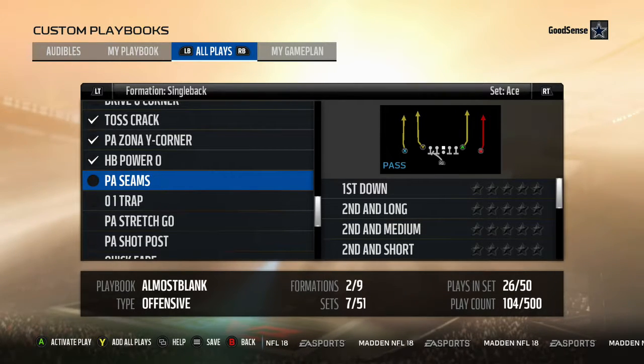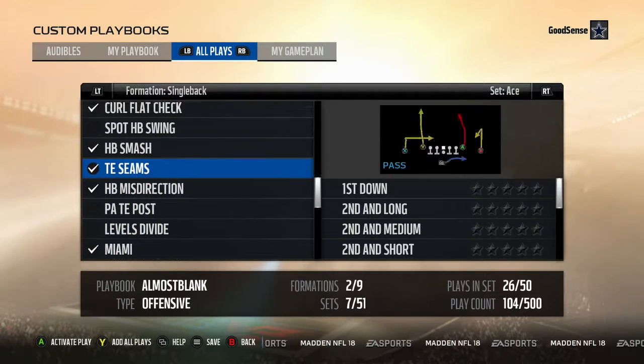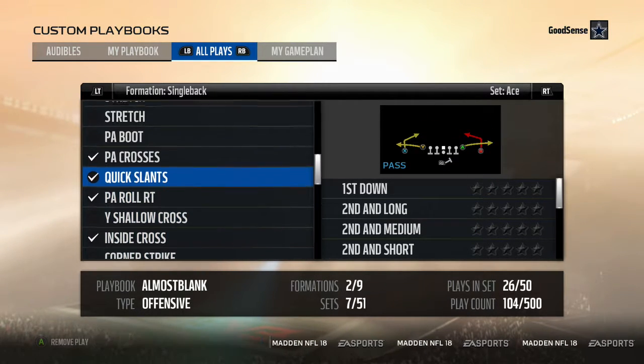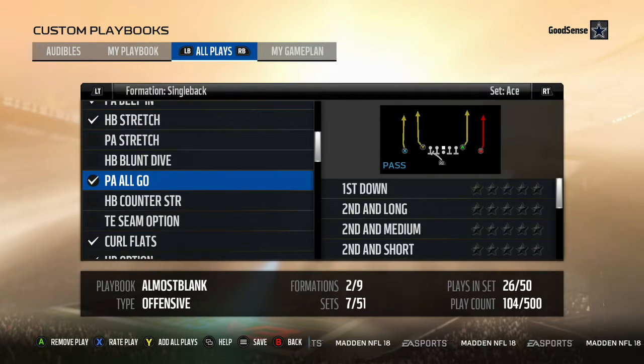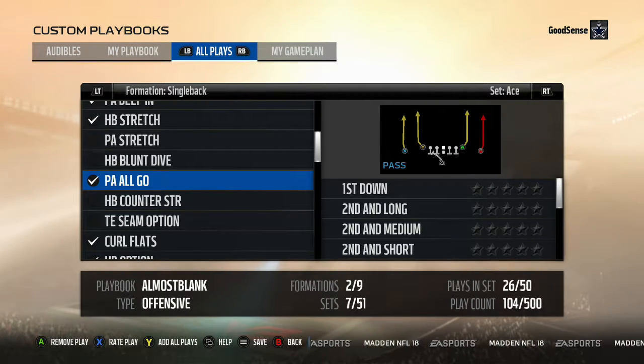This play action seems, I would almost think, is the same as play action all go. Play action all go. You see that? All four are running those routes, and you have your running back blocking.